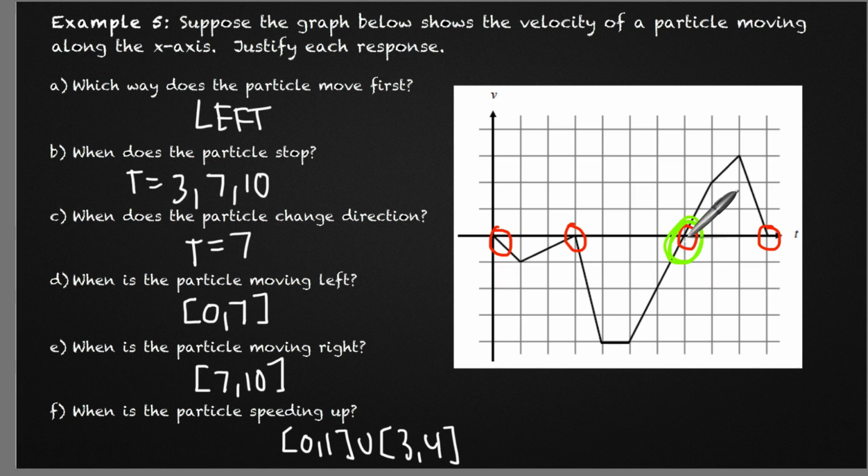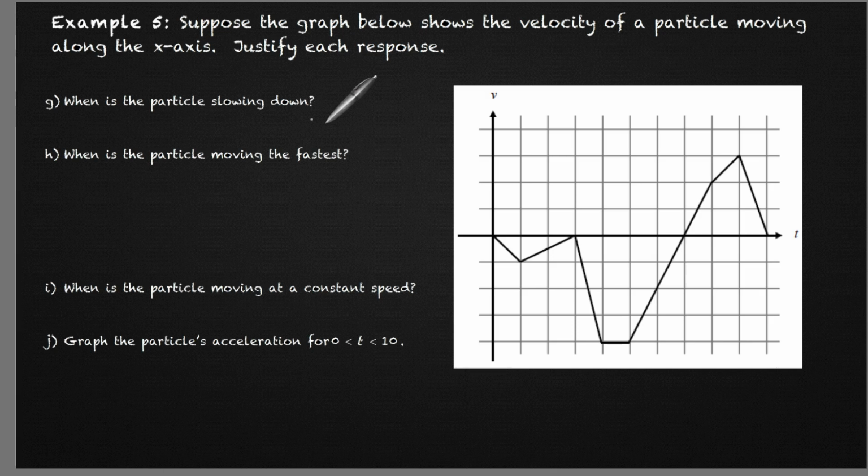Then right around here, you are now going to the right, and you're speeding up, because the speedometer on your car is getting further away from 0. So you're speeding up from 7 to 9. All right, so union 7 to 9. And that would be all the places where you are speeding up. So you have to pay attention to that.